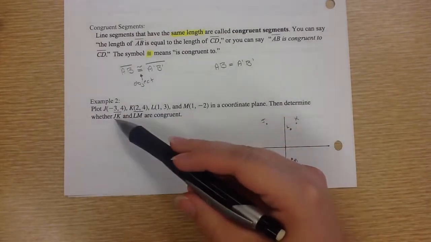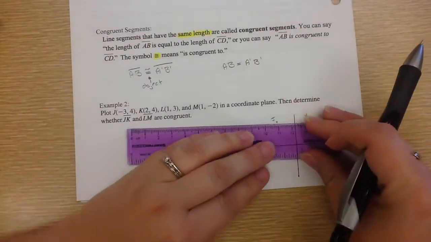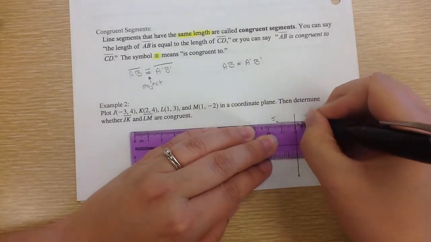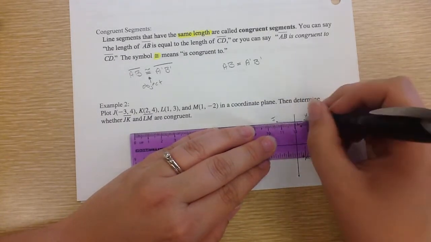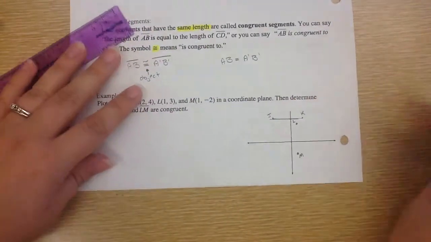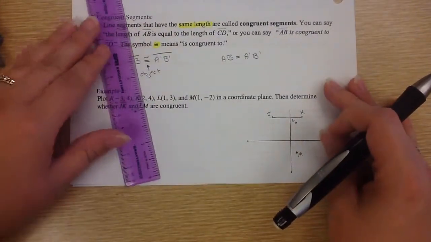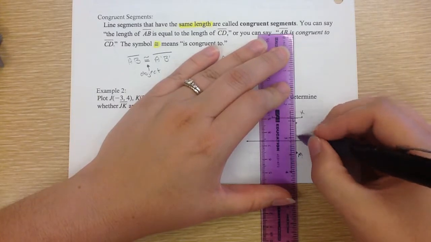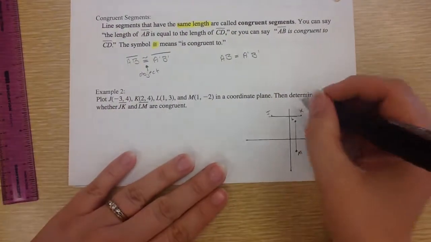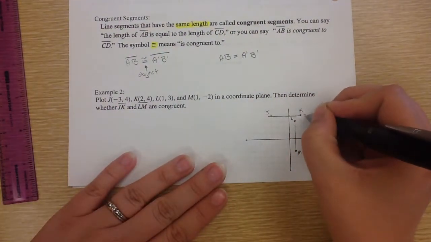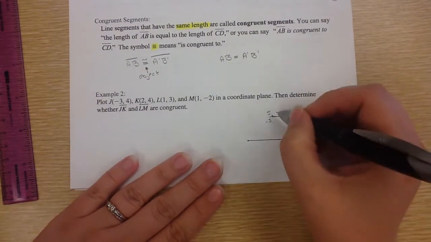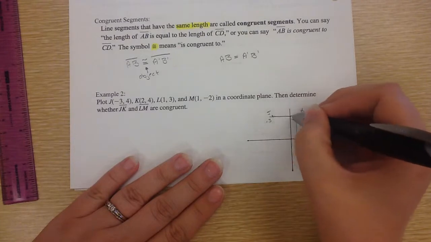Then determine whether segment JK, so let's draw in the segment using my ruler, segment JK, and segment LM are congruent. So first here, you notice we're over 2 here. Here we're back 1, 2, 3, so that's -3. So that distance there is 1, 2, 3, 4, 5.